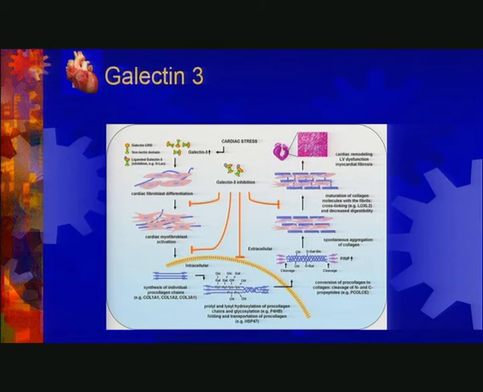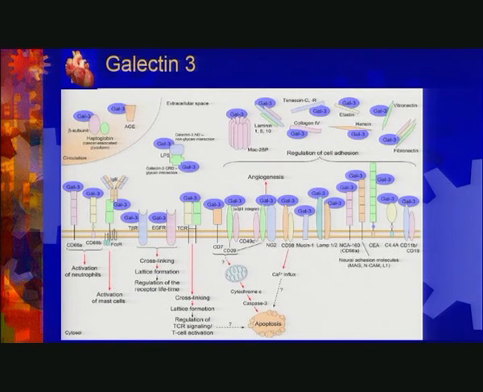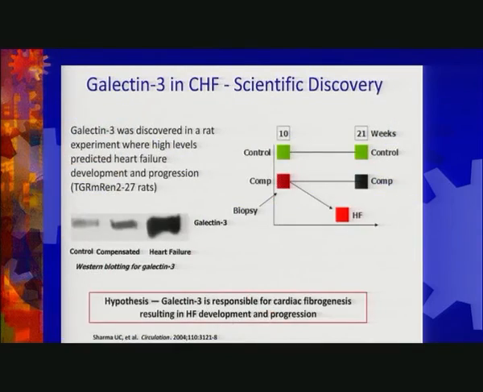That's why the level of galectin-3 is always linked to the increase in fibrosis. This is how they discovered it's important in a rat model, when they found that its excretion is increased in heart failure, and this is due to fibrosis.